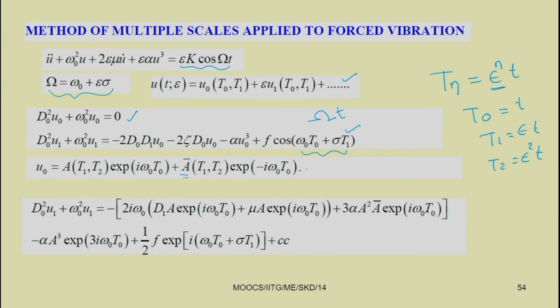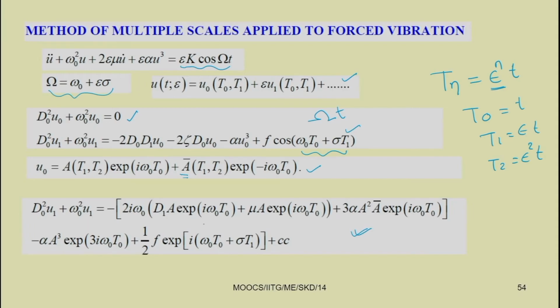Now, substituting this u0 in the second equation, we can get these terms. As we know that the system response is bounded, we can see some of the terms which will lead the response to become infinite.